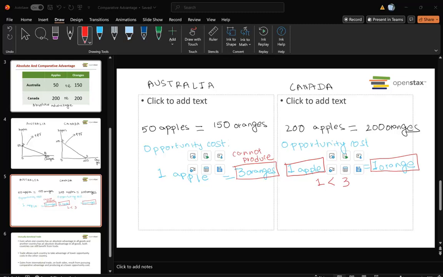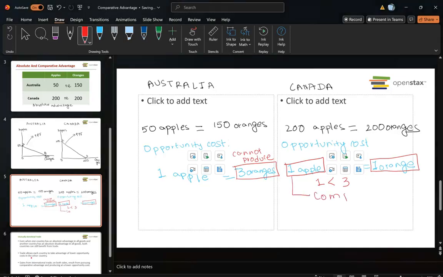So we can say Canada has a lower opportunity cost in the production of apples. Lower opportunity cost means this country has a comparative advantage in the production of apples because it is sacrificing fewer oranges compared to Australia in the production of one apple.